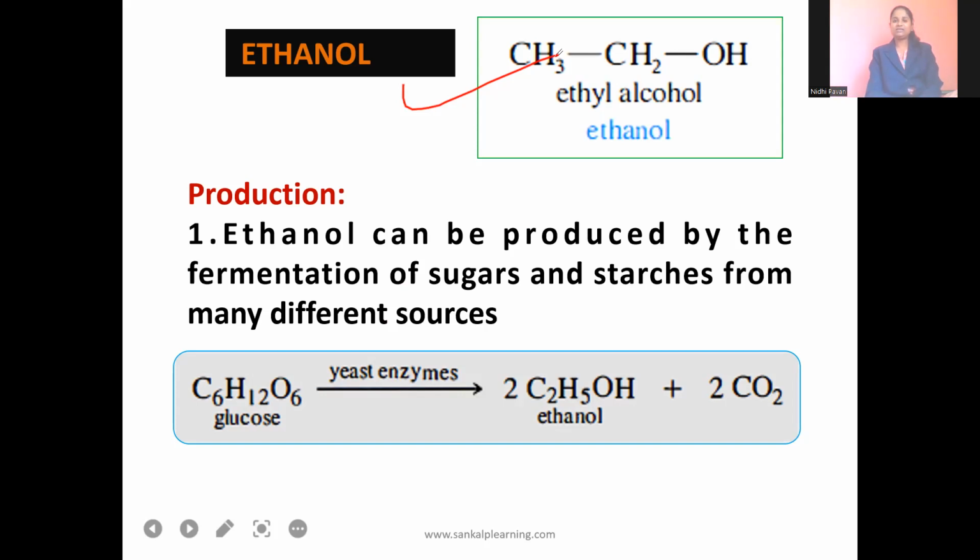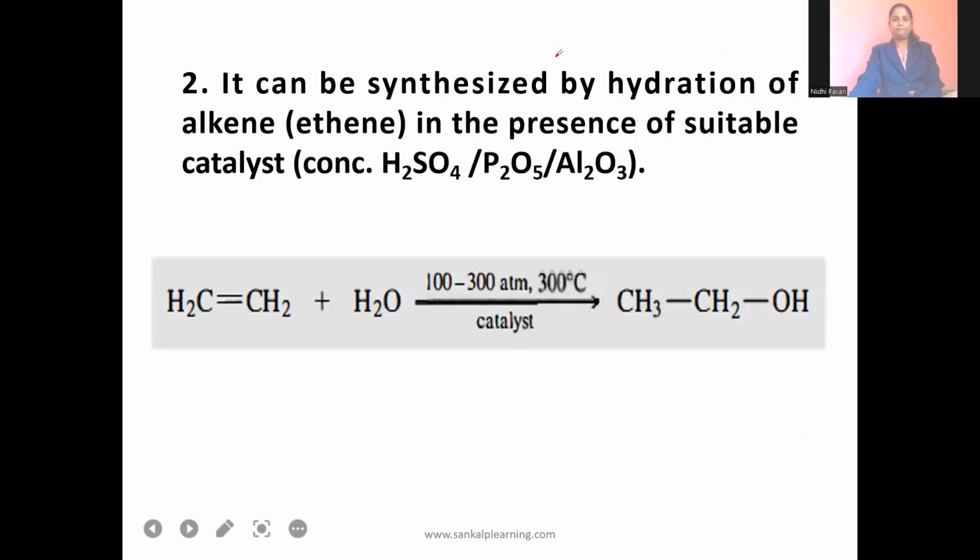So in the yeast, fermentation occurs. Yeast is a unicellular fungus. So in it, respiration takes place in absence of oxygen, producing alcohol and carbon dioxide as a byproduct. That reaction is called fermentation. So the production of ethanol happens by the fermentation process.